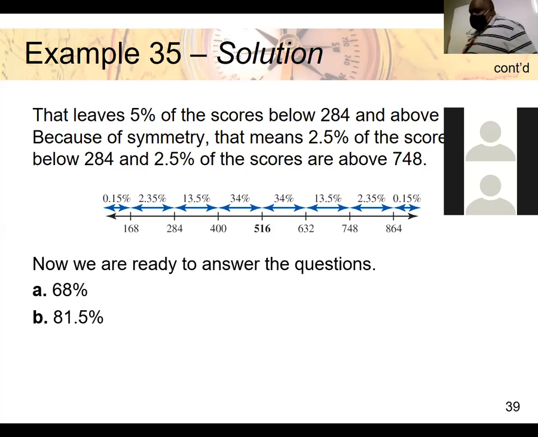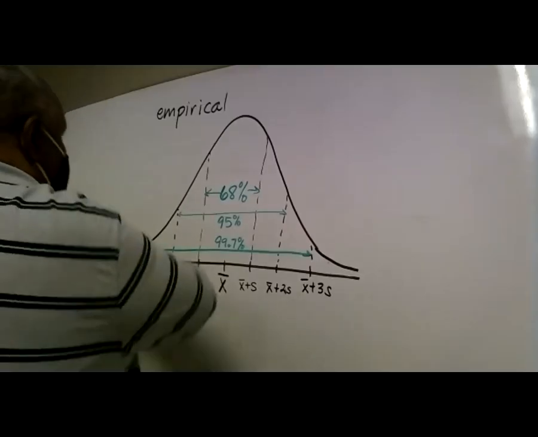I think I just missed how you get the percentages. Okay, let me do this. I can show you up here, because I know that's going to be hard to understand.